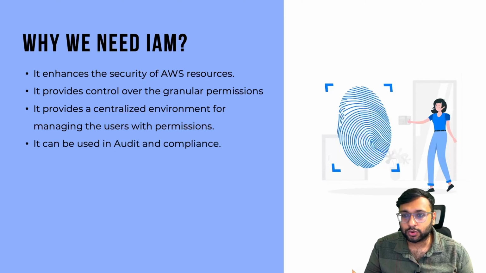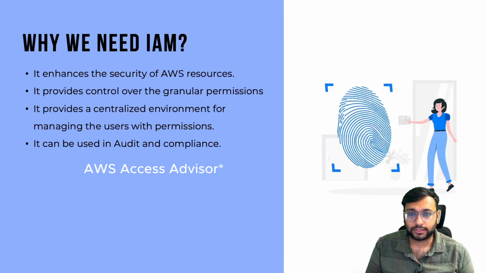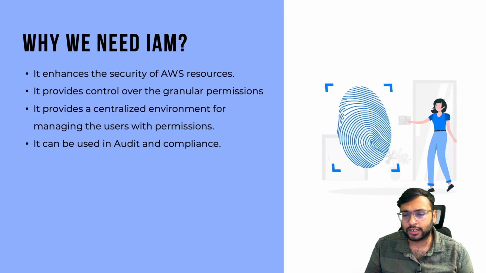Next, it can be used in audit and compliance. How? I'll show that to you and I'll explain you with the help of AWS artifacts. So when you go to the IAM, you will have an option to see which user is accessing what type of resources or basically what type of permissions. So let us say I have assigned EC2 instance complete permissions to a user, and he just only goes to the dashboard, sees what are instances running and does nothing.